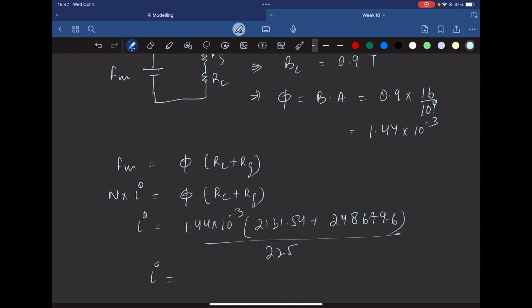Let's do it. It's 1.44 times 10 raised to the power minus 3 times 2131.54 plus 248,679.6, divided by 225.